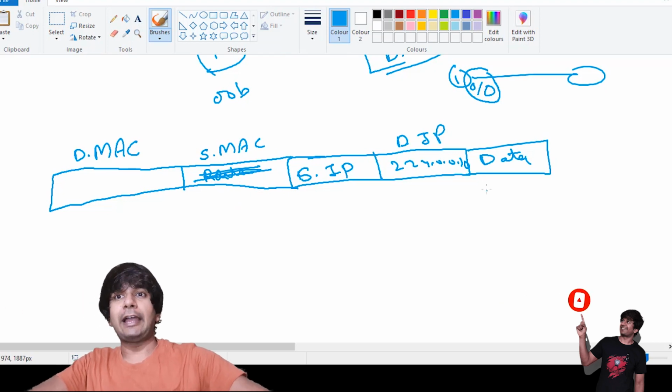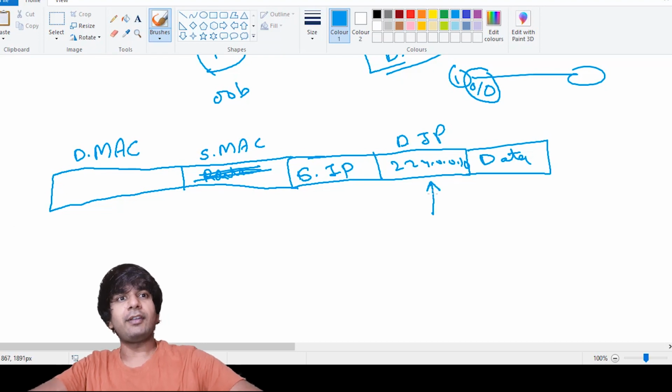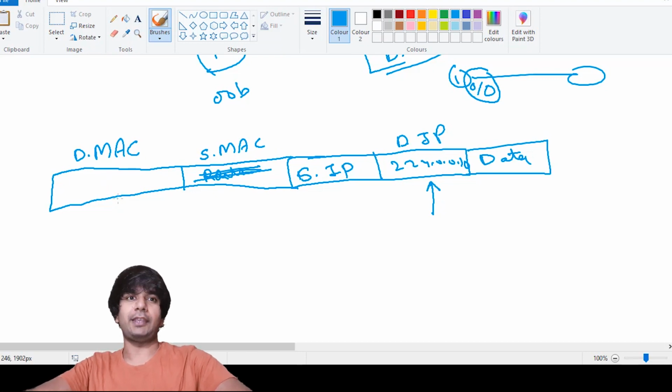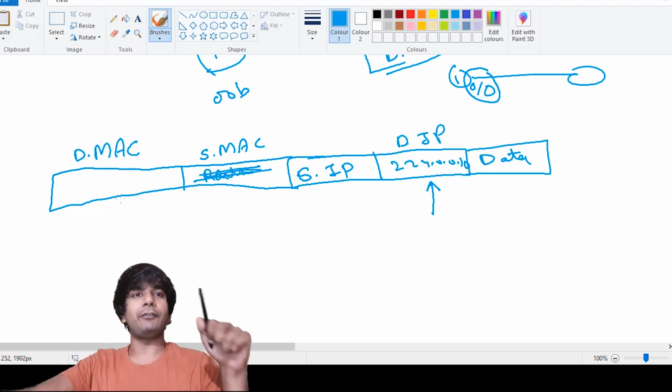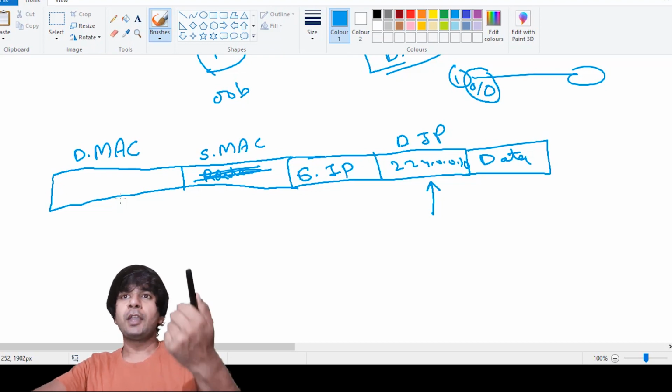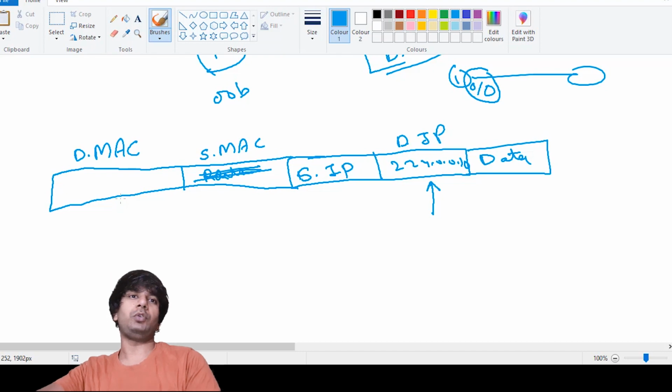As I told you, the destination IP address is a multicast IP address, guys. Just because of that, the destination MAC should be a multicast MAC as well. So both addresses will be of a similar type. If the destination IP is a unicast, then the destination MAC will be unicast.